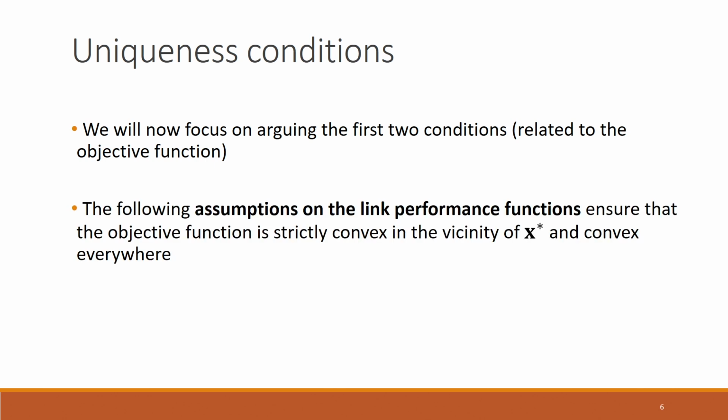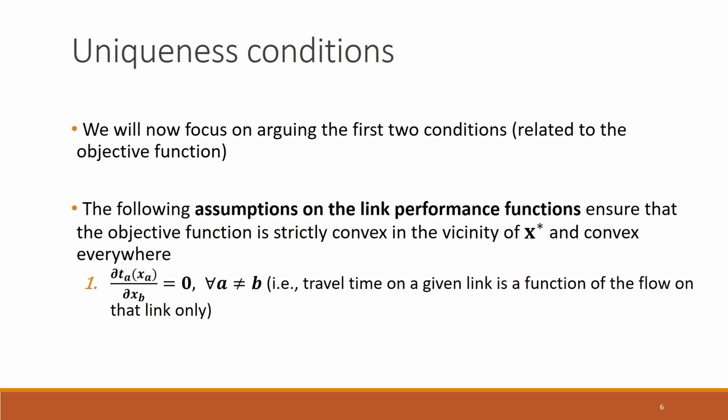So, the following assumptions on the link performance functions ensure that the objective function is strictly convex in the vicinity of x star and convex everywhere. First is that we are assuming that the travel time on a given link is a function of the flow on that link only. Mathematically, what it means is that if you take the partial derivative of this travel time function Ta with respect to the flow on link B, then that will be equal to 0 if A and B are not the same link.